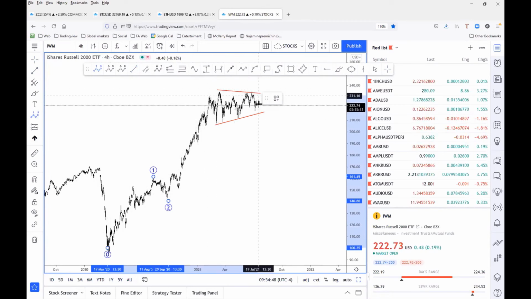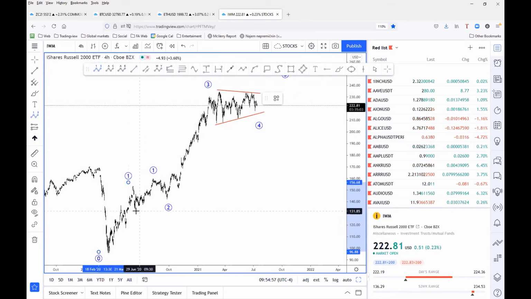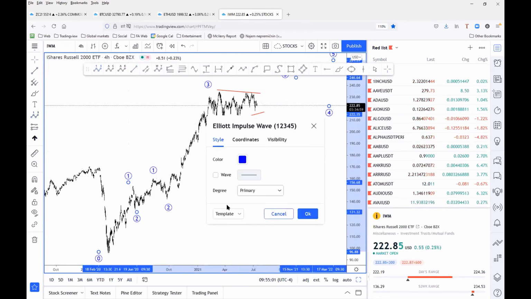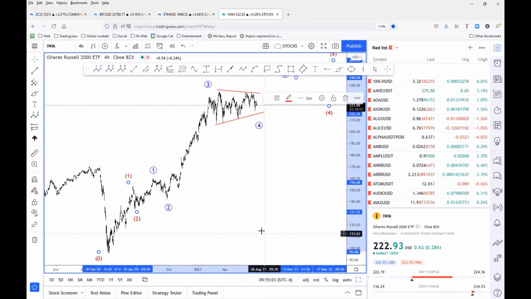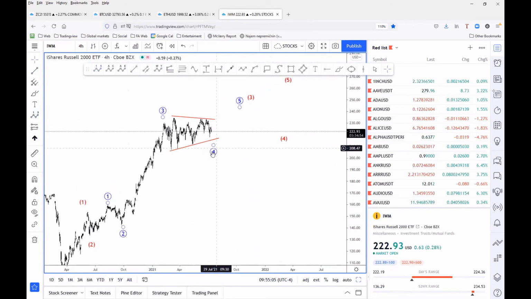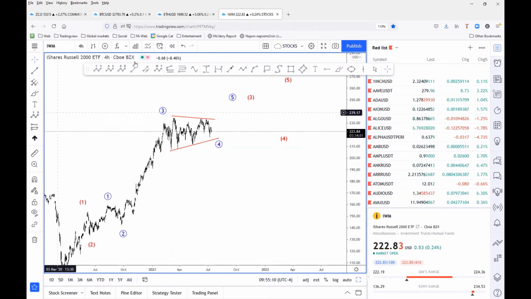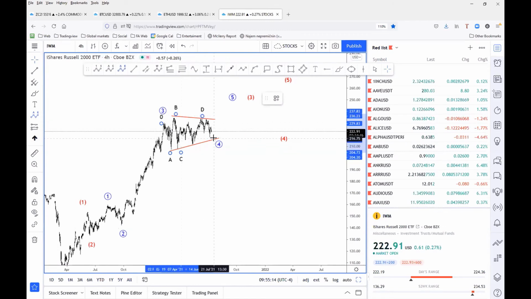I'm just looking if this could maybe even be a running triangle. Yeah, might be. If that's a running triangle, then obviously we are going to complete it soon.